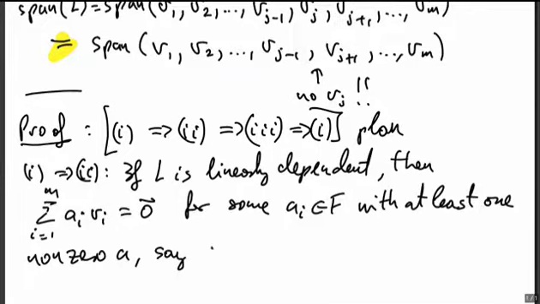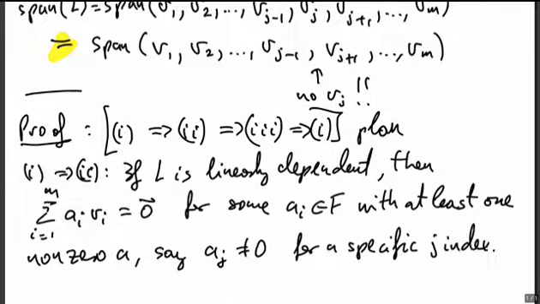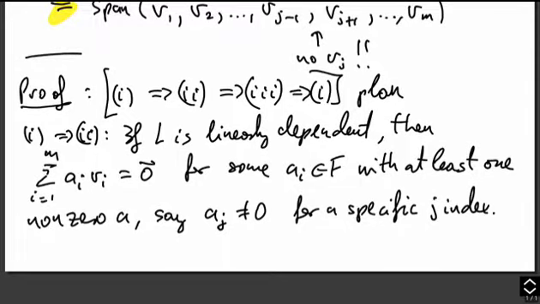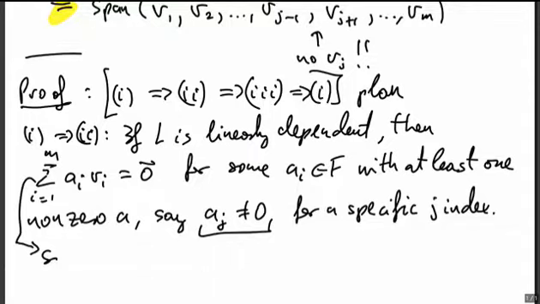Say aj is different from 0 for a specific j index. So the idea is that if aj is different from 0, then we solve this as an equation. We can solve for vj.